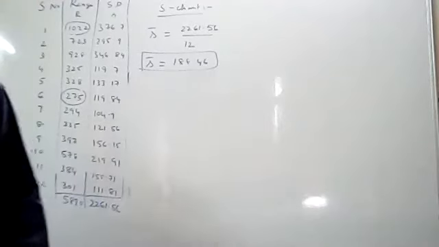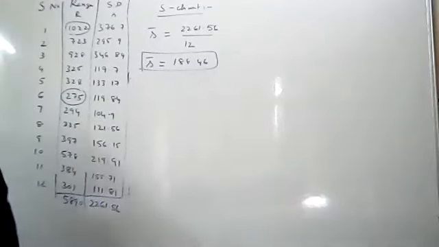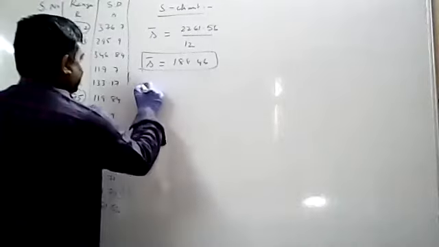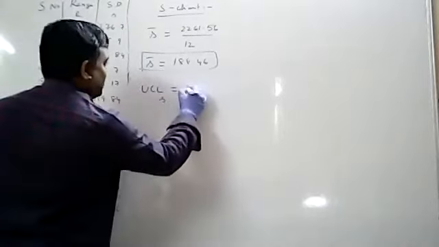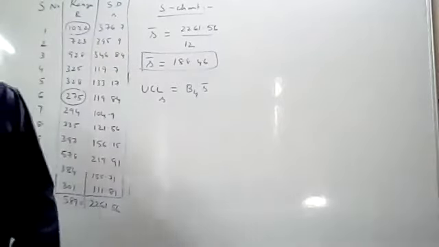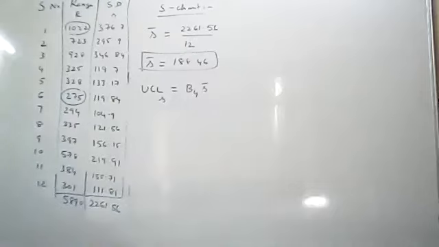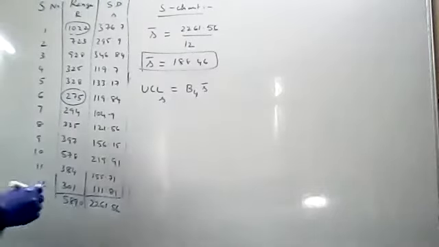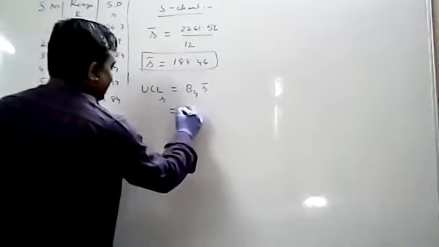If I know the S bar value, I can calculate the control limits. UCL_S equals B4 times S bar. For n equal to 4, the B4 value is 2.266, from the table values I have given.